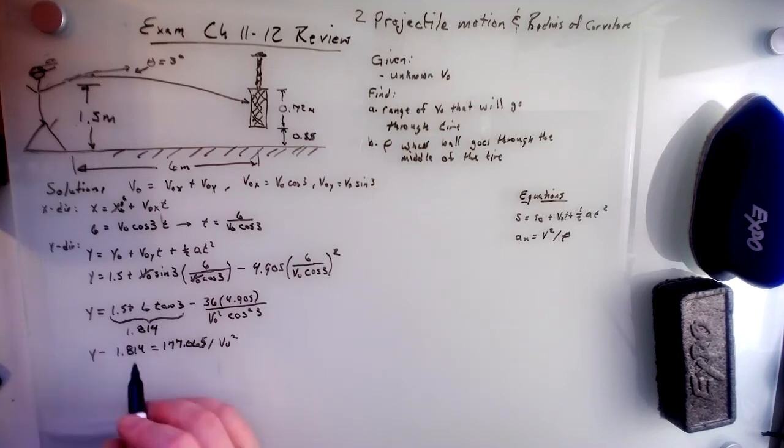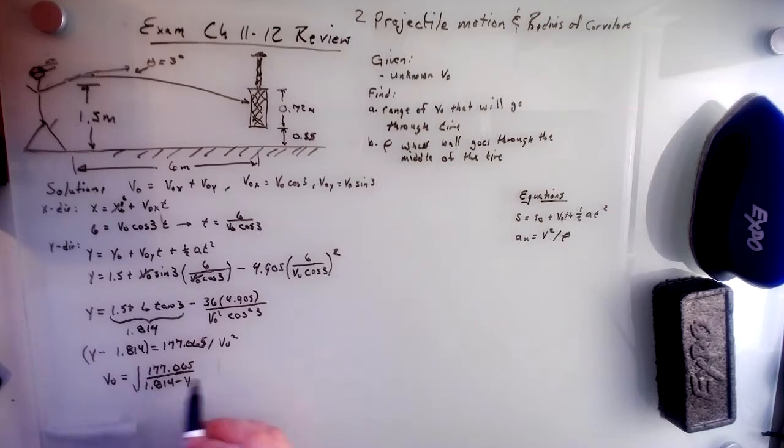We have this term right here, and we want to exchange places with v naught. So what we end up with is v naught equals the square root of 77.065 divided by 1.814 minus y. So the direction changes because this is a negative sign. We can send that over and it reverses that. So this is our relation.